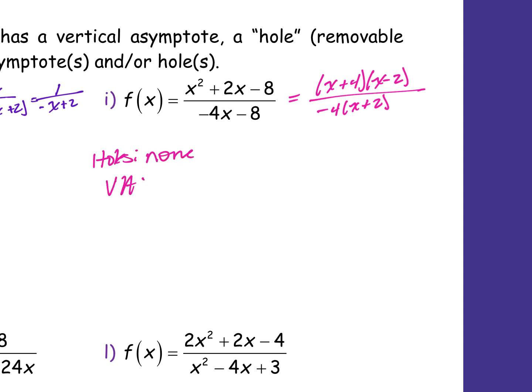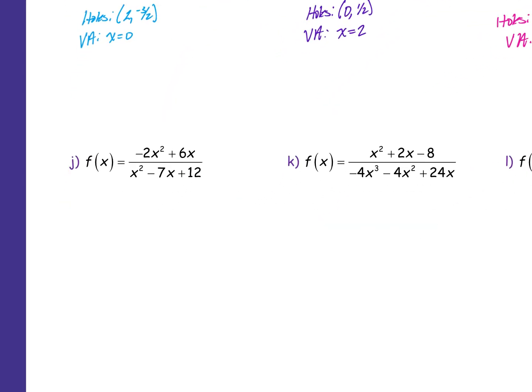Vertical asymptote: x equals negative 2. Plus 2. Okay, that's right.